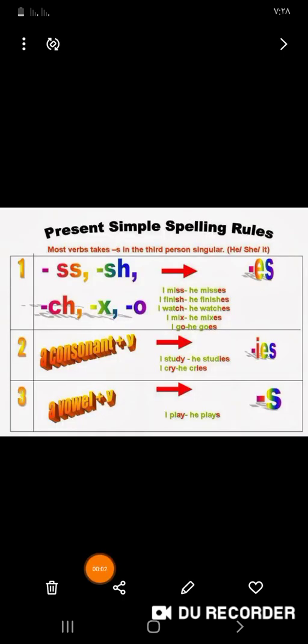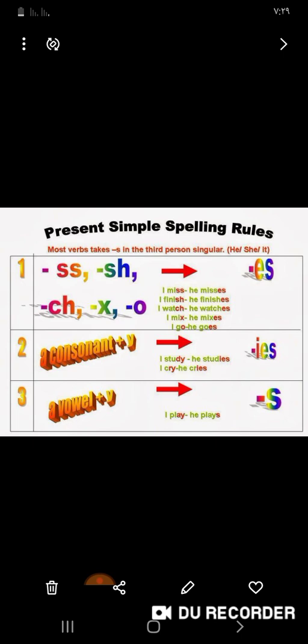And pay attention that most verbs take s in the third person singular, meaning with he, she, and it. But sometimes we add es. If the verb ends with double s, sh, ch, x, and o, for example, miss, misses, finish, finishes, watch, watches, mix, mixes, go, goes.